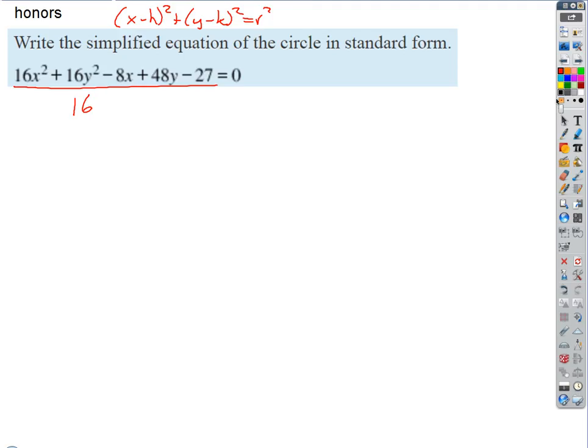Then I'm going to get x squared when I divide each term by 16, plus y squared. 8 over 16 becomes 1/2 x. 48 over 16 becomes 3y, minus 27 over 16 equals 0. Right, so now we'll complete the square.